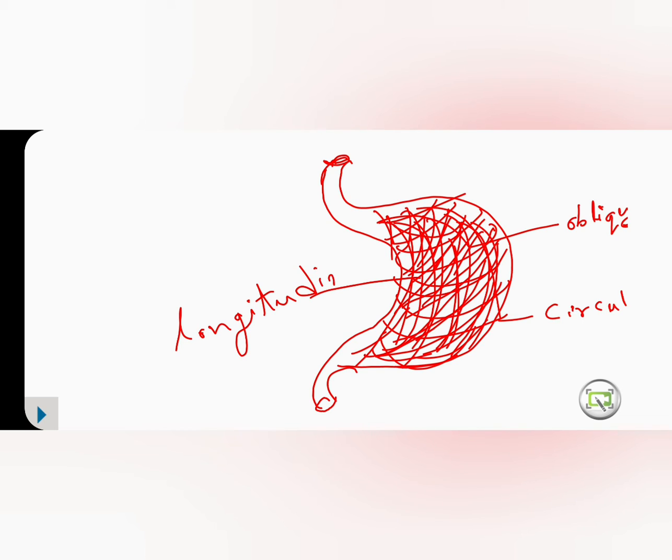So totally three layers of muscles are there. Innermost oblique muscles, second circular, third longitudinal. So the middle layer is the circular layer, the outermost layer is the longitudinal muscular layer, whereas the innermost layer is oblique muscular layer. Thus three layers of muscles are present in the walls of the stomach.